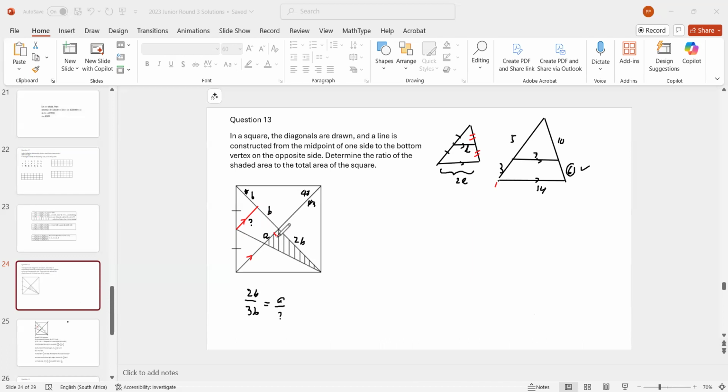Because this is the side of the small triangle, that is the side of the large triangle. So 2B over the large one. Just like this, 5 over 8, 7 over 21, and so on. Now, this is not 14, but sorry. So you got 5, 10, 7. And yeah, you got 8, 16.